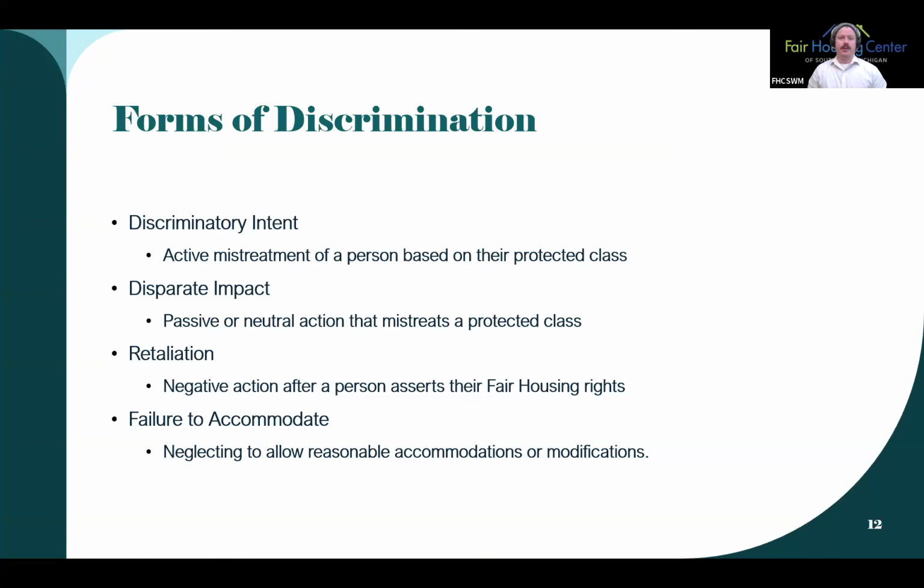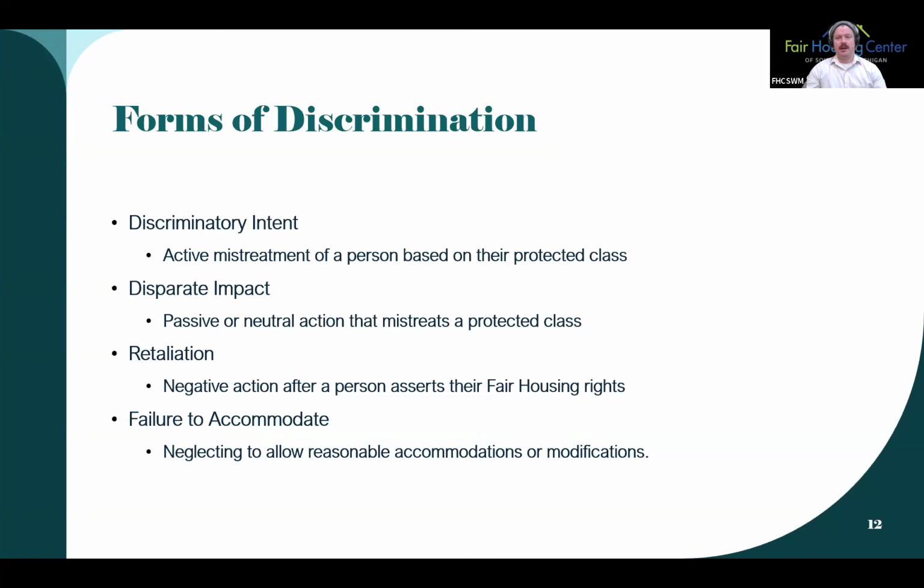So for example, a landlord who refuses to rent an apartment to a prospective tenant has not thereby violated the act, has not in that moment violated the act, even though a covered practice and a covered property may be involved. They haven't violated the act unless it can also be shown that the landlord's action was based on race, color, religion, sexual orientation or gender identity, disability, family status, or national origin.